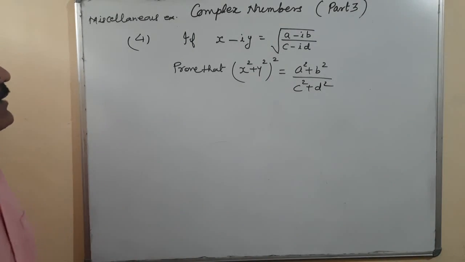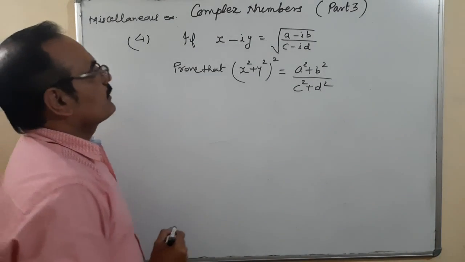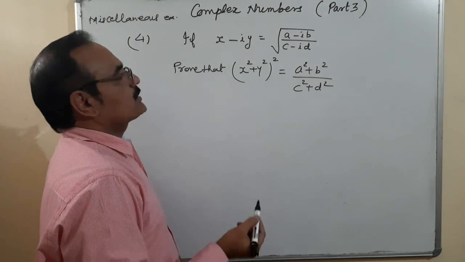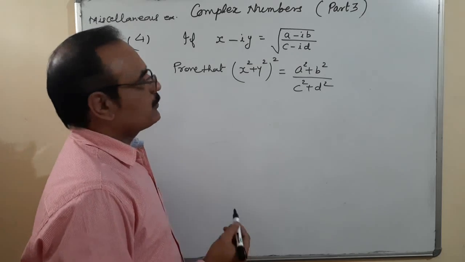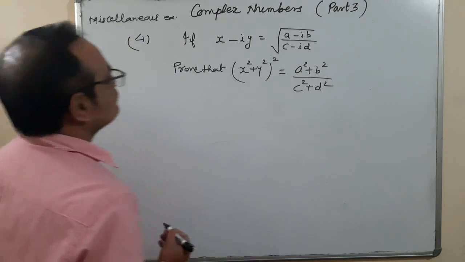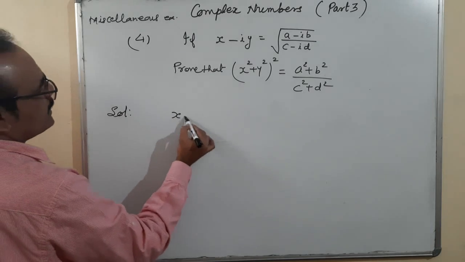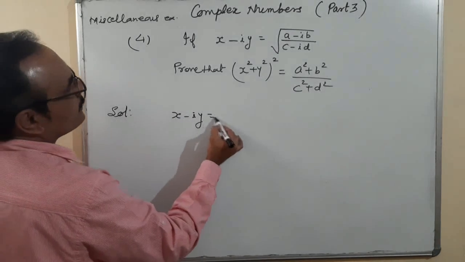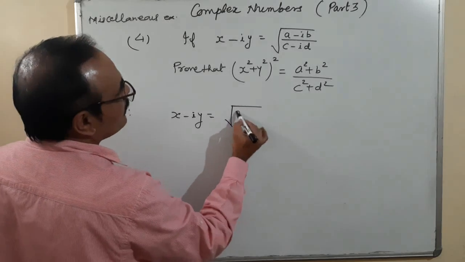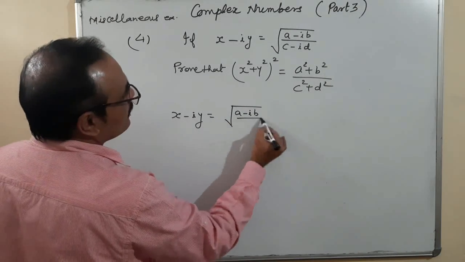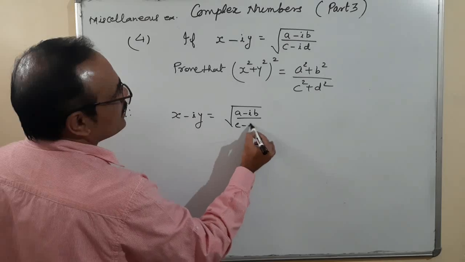So x minus iy is equal to under root a minus ib upon c minus id. Prove this.